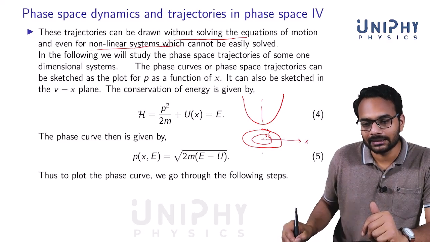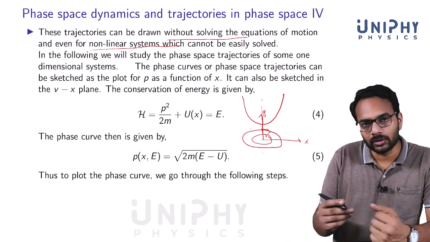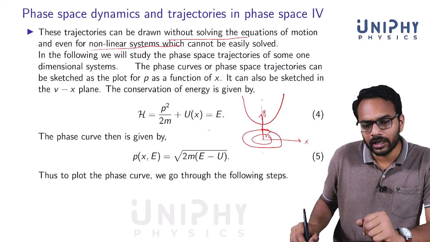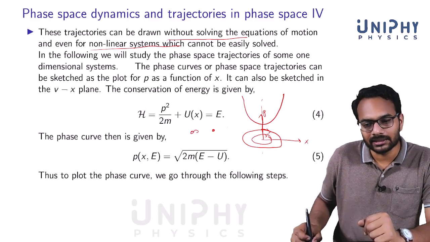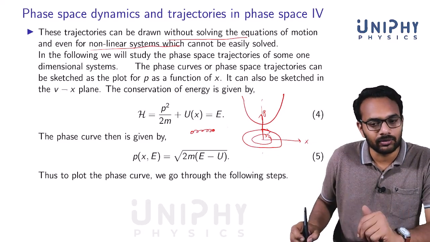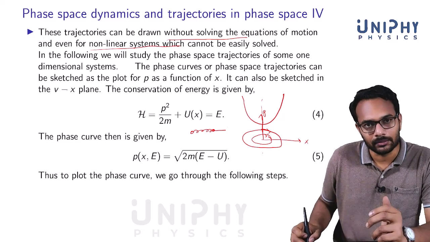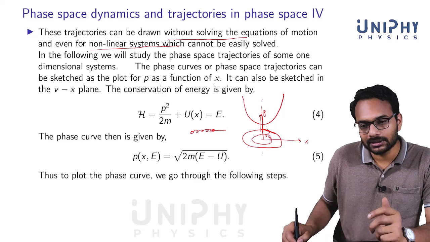So this is x and p. It's easy to understand this behavior because you know about the harmonic oscillator. We start with a high momentum, and if you go away from the equilibrium point, the momentum decreases and it comes to a stop. It's like two things connected by a spring, and suppose this is the equilibrium point. If you pull it, as x increases, p will decrease and come to 0.